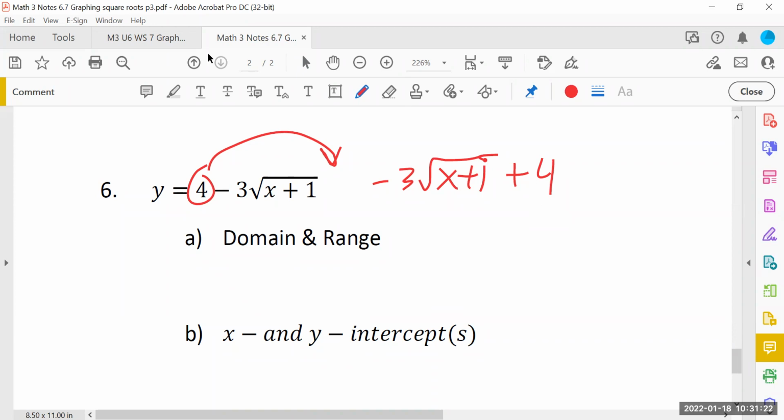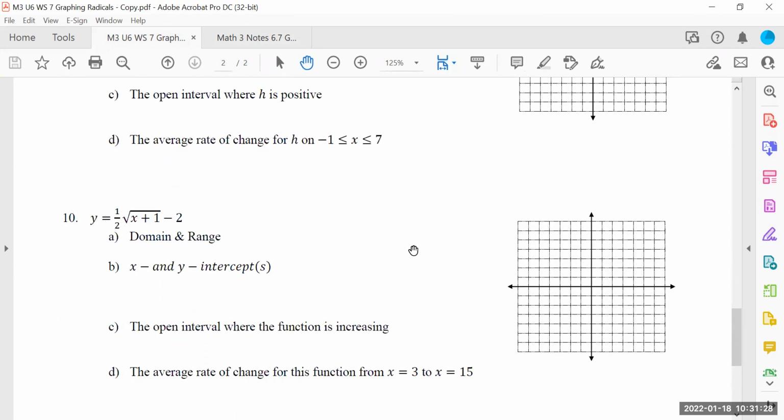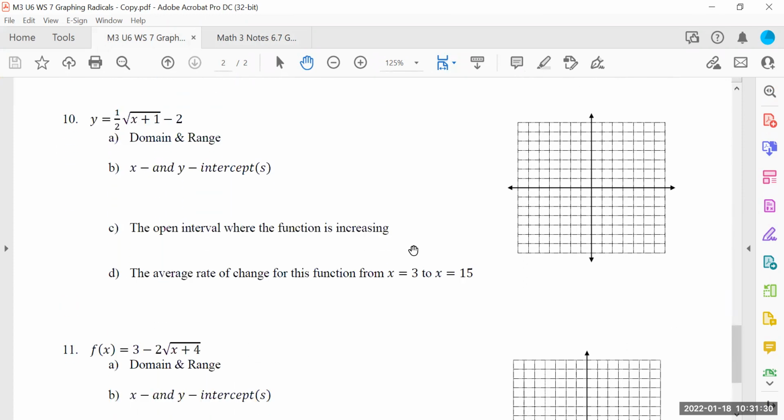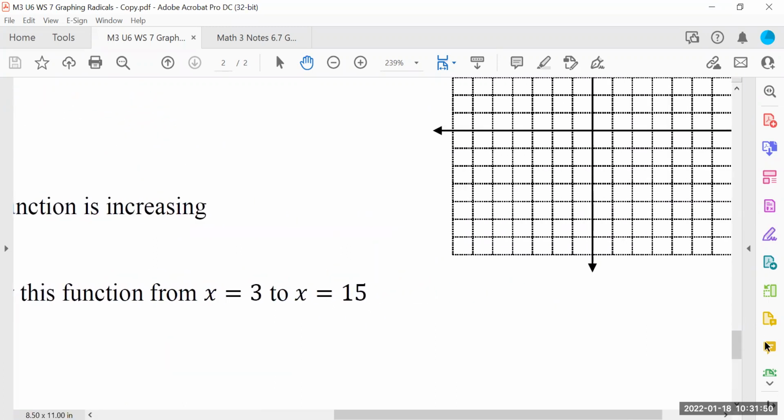So now let's go ahead and do that one from the homework instead. Let's do number 10. Everybody go to the back page of the homework. Let's do number 10 all together. So for number 10, I'm going to take my same points, 0, 0, 1, 1, 4, 2.